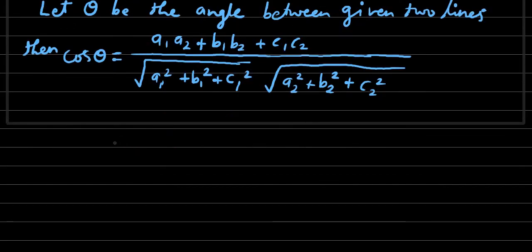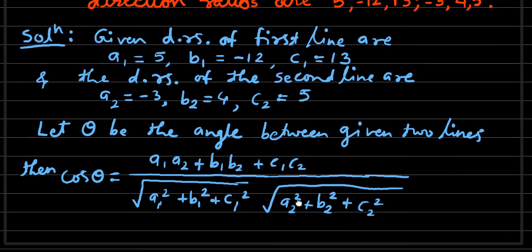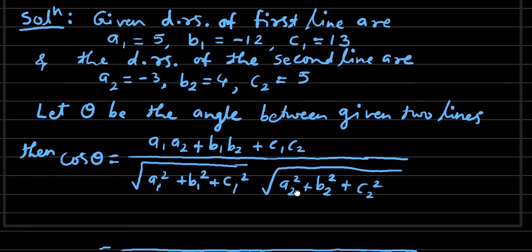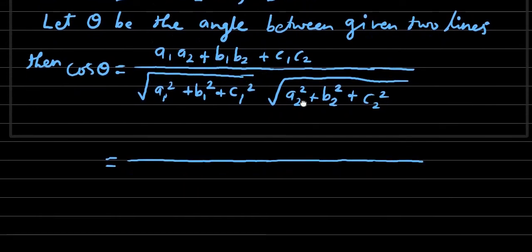So this is equal to, put the values of A1 B1 C1 A2 B2 C2, which are already given to us. The value of A1 was 5 and A2 was minus 3, so here it will be 5 into minus 3.